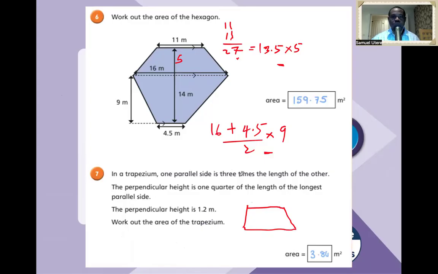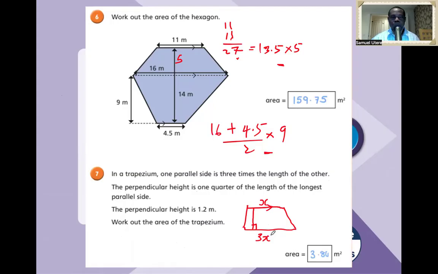So one parallel side is 3 times the length of the other. So let's imagine the length, we call it x. And then one of the other parallel sides is 3 times the other side. So that would be 3x. The perpendicular height is 1/4 of the length of the longest parallel side.